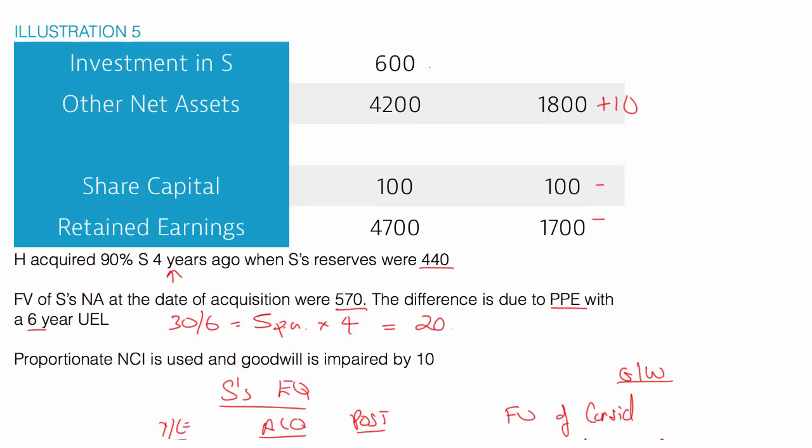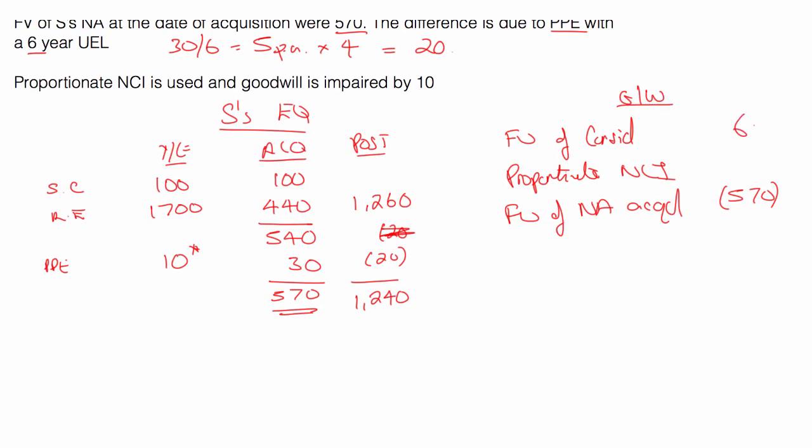We paid 600 for our 90% share, which means the other 10% was from the NCI. 10% of the 570 is 57 then. If that's 57, then I reckon goodwill must be 87 at acquisition, less any impairment of 10.